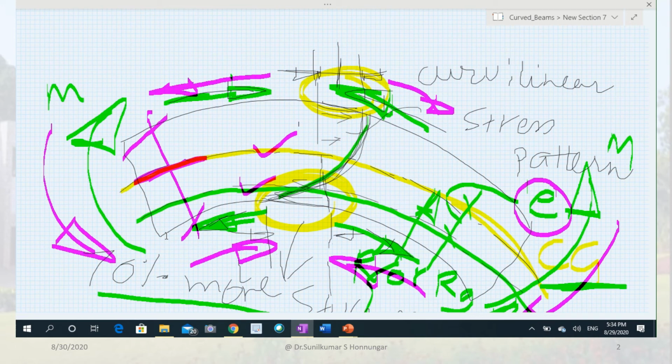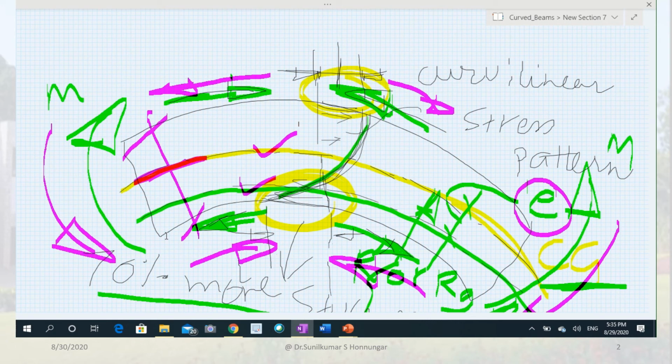The stress variation across the depth is symmetric with respect to the central axis and varies proportionally to the distance from the neutral axis or central axis, because both are the same. The beam is initially straight before bending, and is treated as a straight beam even after bending. The equation is M by I equal to sigma by y equal to E by R for a straight beam.